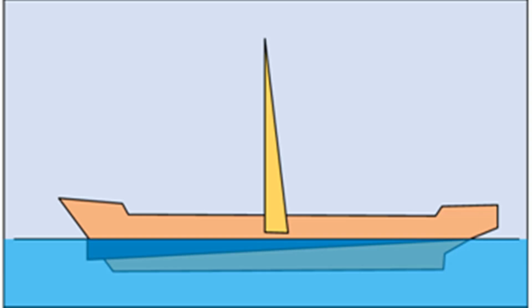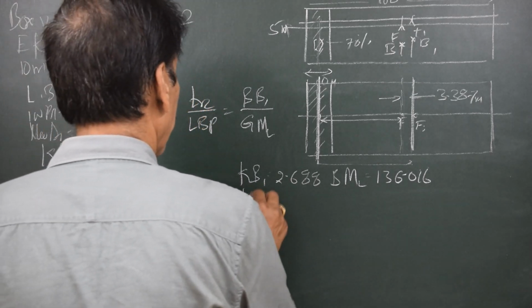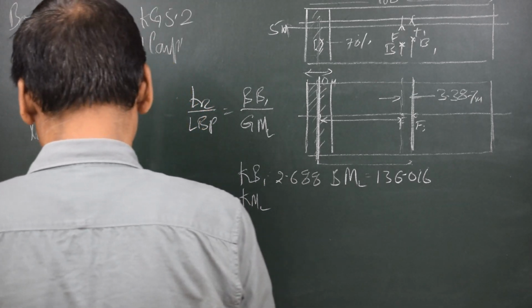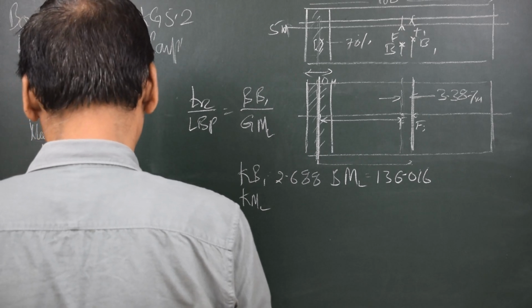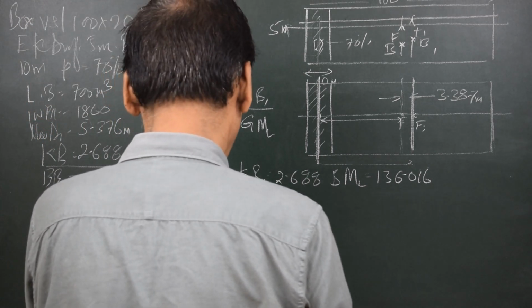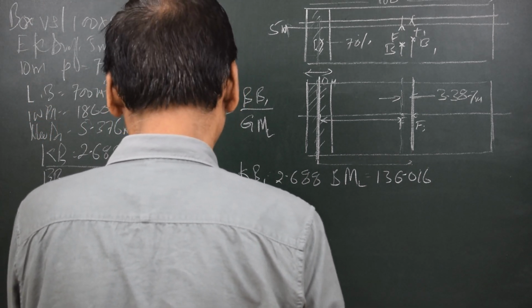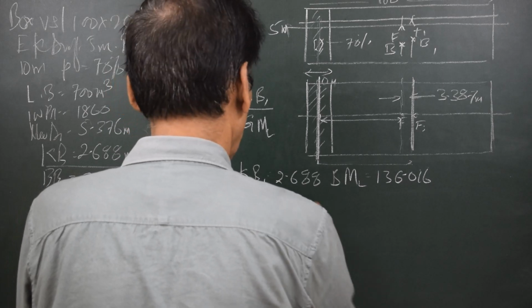So the total, KML, is equal to 2.688 plus 136.016. That is 138.704.